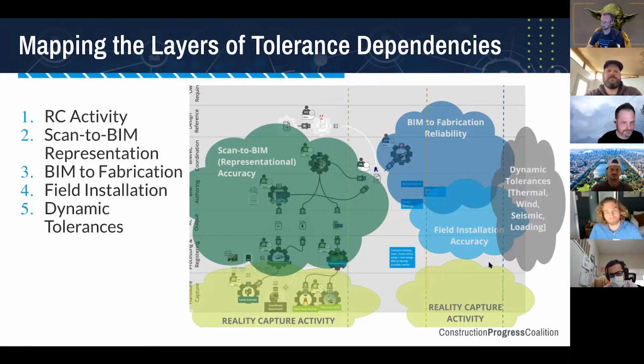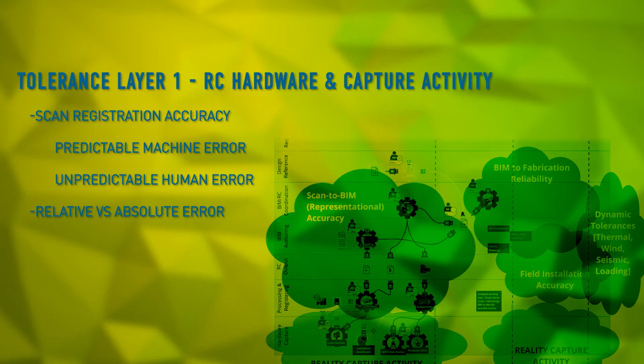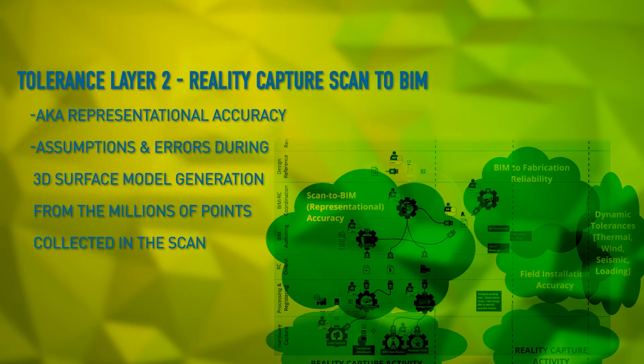There are the sheer tolerances that exist in the reality capture process. We'll talk about some of those. Then there's the process of converting a point cloud to an inherently abstract model representation of it.